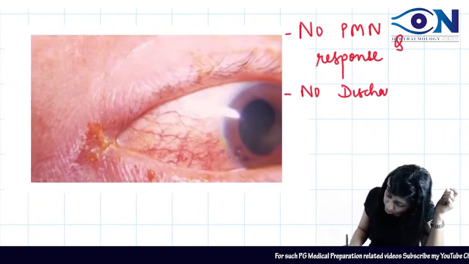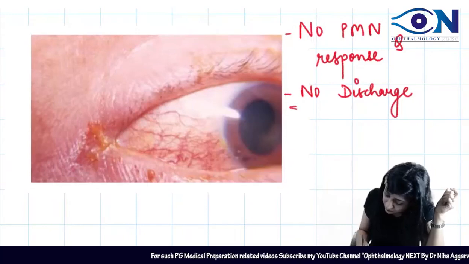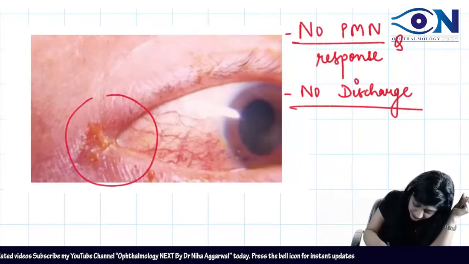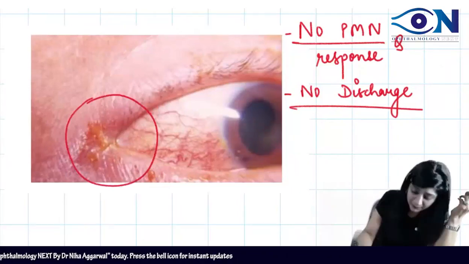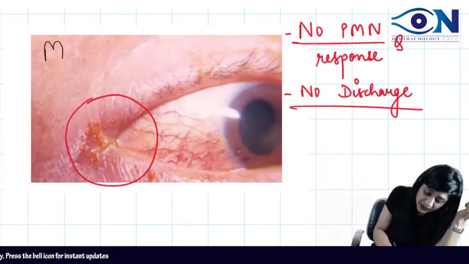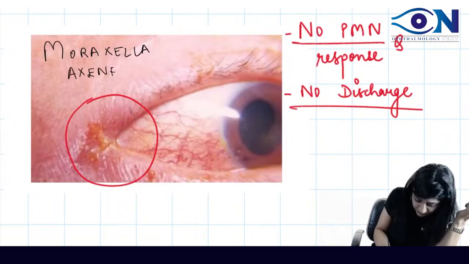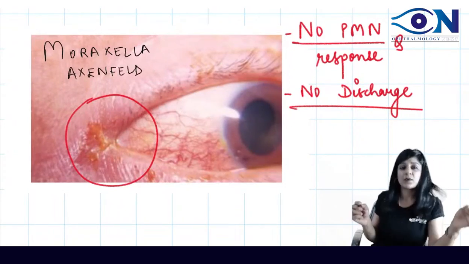No polymorphonuclear response is there, therefore there is no discharge, and you are getting something like this. We are getting the eczema. So this is caused by the Moraxella Axenfeld. Now can you tell me what is this? It is caused by the Moraxella Axenfeld. So what kind of conjunctivitis is this?